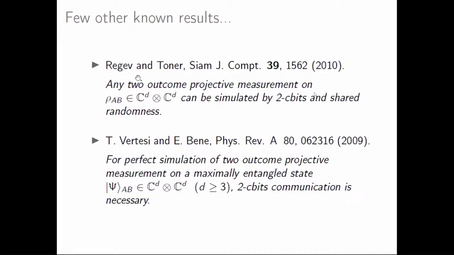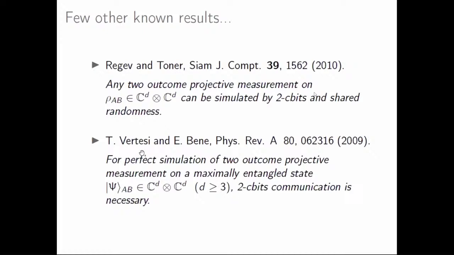One paper is by Regev and Toner in SIAM Journal on Computing, where they show that 2-outcome projective measurements on any state from C^d tensor C^d can be simulated by 2 C bits and shared randomness. So they show that even if the local Hilbert spaces are d-dimensional, just 2 C bits along with shared randomness is enough to simulate the quantum statistics of such states.